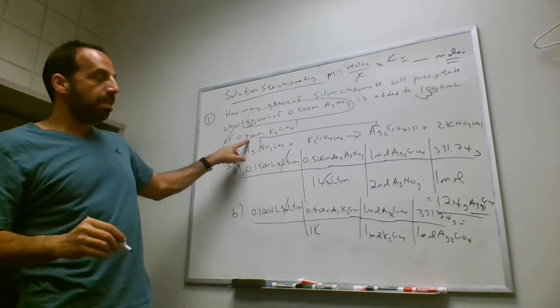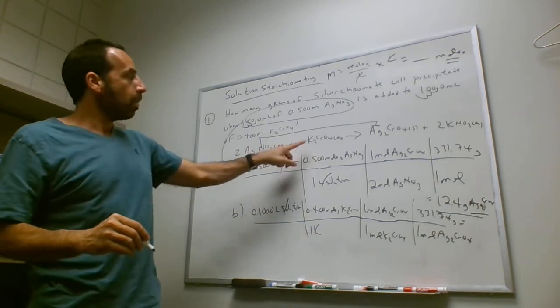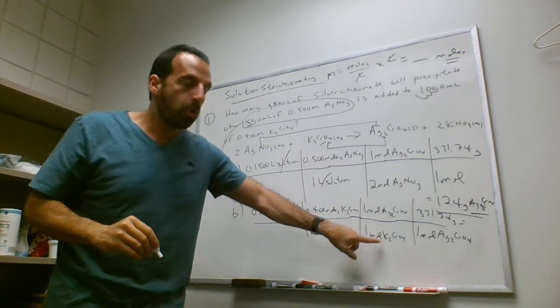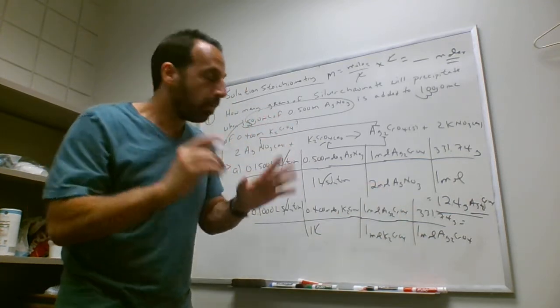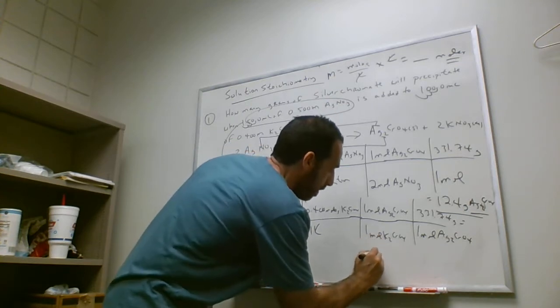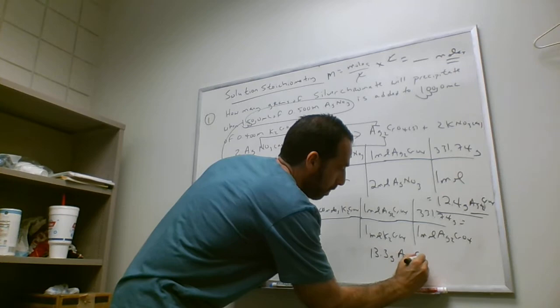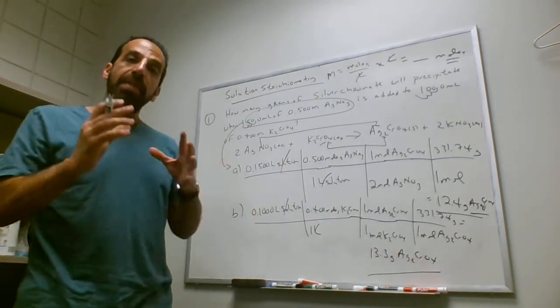In this case, it's 0.4 big M, 0.4 moles over 1 liter. It's a 1-to-1 ratio. 1 mole potassium chromate forms 1 mole silver chromate, and then I change the moles to grams. When I do that, I'm going to end up with 13.3 grams of silver chromate, and then we make the comparison.